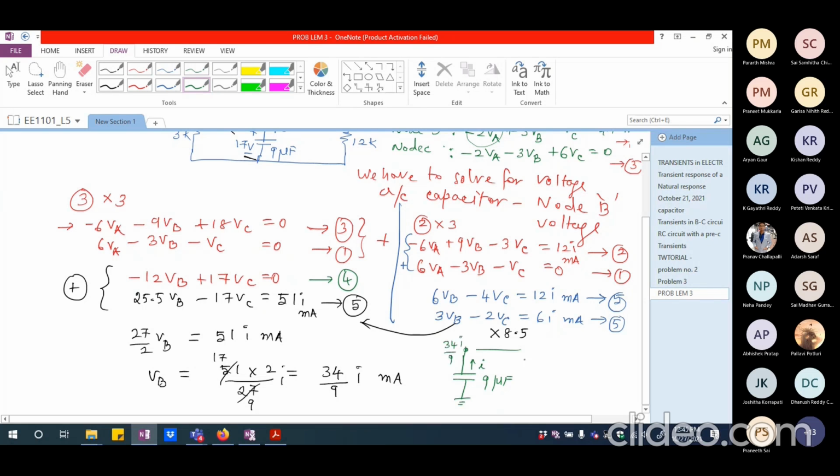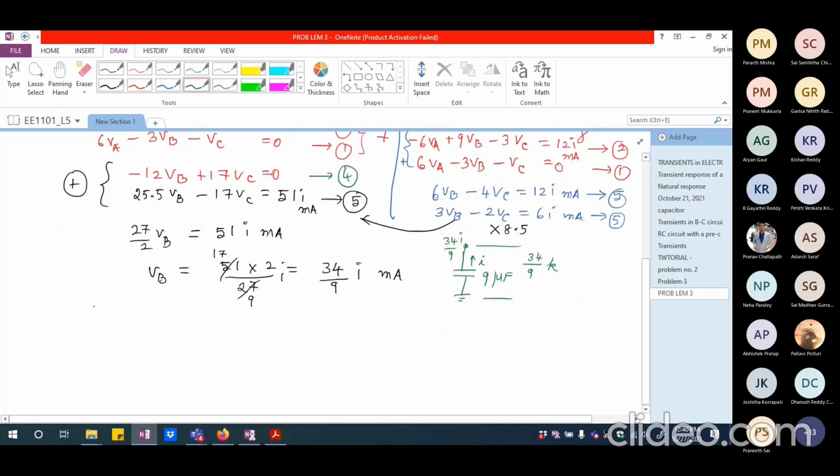That means the resistance it is visualizing is 34 by 9K. That's what it means, because it is the milliampere which is flowing here. So I can say basically that this capacitance is 9 microfarad, and this is VB.